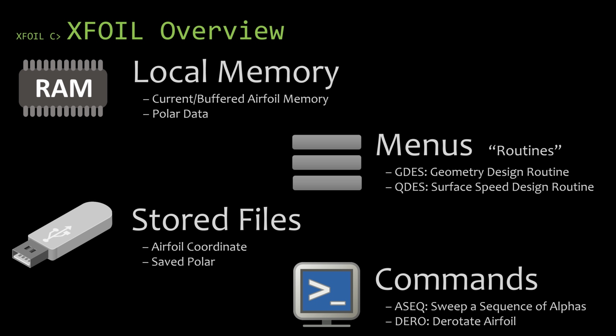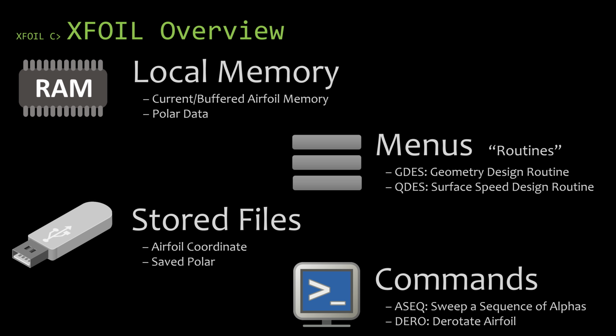The local memory. A lot of times when you start Xfoil, you're going to have to load in an airfoil that you want to work with, and you're loading it into the local memory, the memory you're using right then as you run it. This is the memory that, if you close out of Xfoil, is not going to be saved anywhere. You're going to have to either reload something into this memory, or rerun an analysis to regenerate the information or data that could be in this memory.